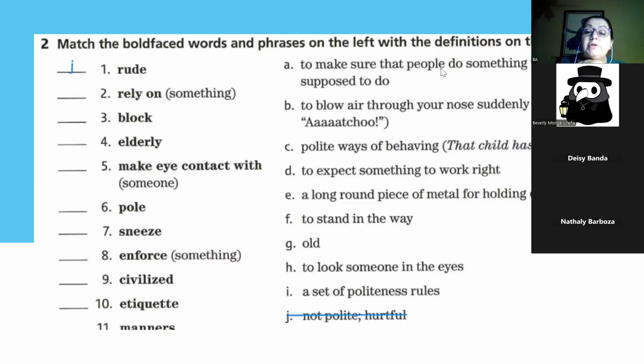Let's see, to make sure that people do something that they are supposed to do. What would be the word for that? You guys thinking?